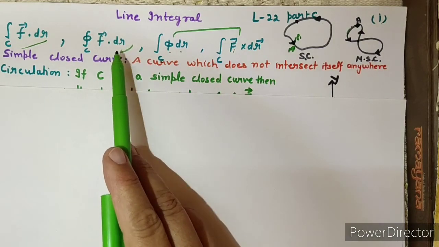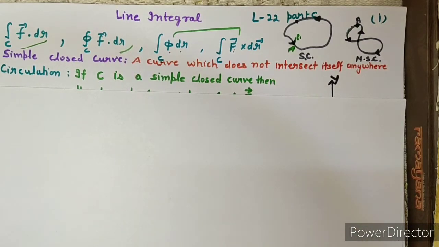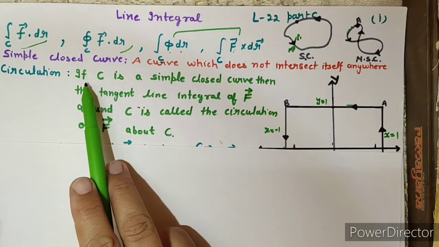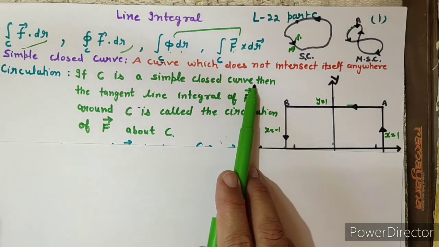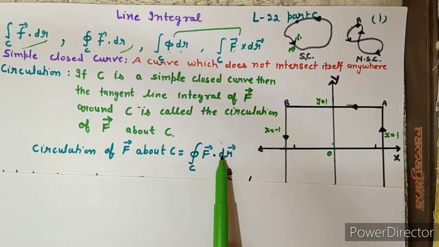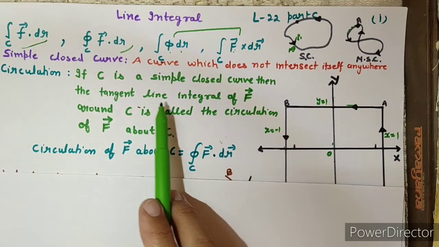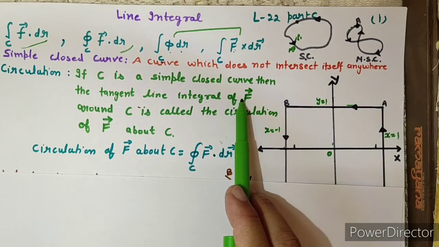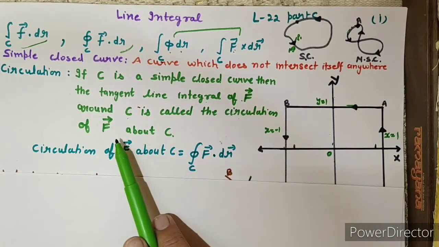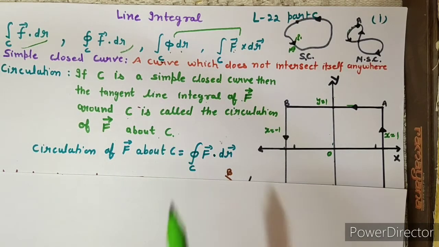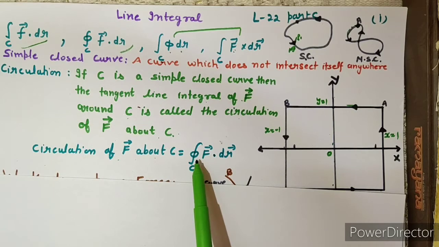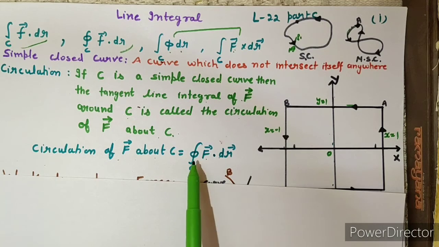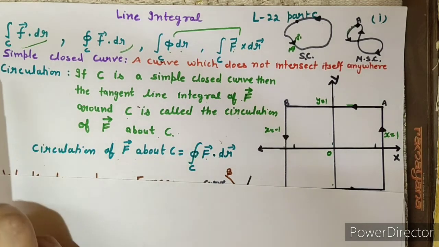Circulation is this one, just when your curve is a simple closed curve. So how to write in the examination? You will write there: if C is a simple closed curve, then what does f dot dr represent? This is the tangent line integral of the vector f around C, and it is called the circulation of f about C. So the circulation of f about C is this integration, f dot dr, with a circle on the integral sign, and here there is no circle.